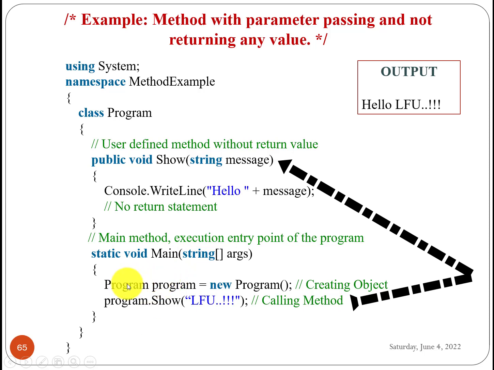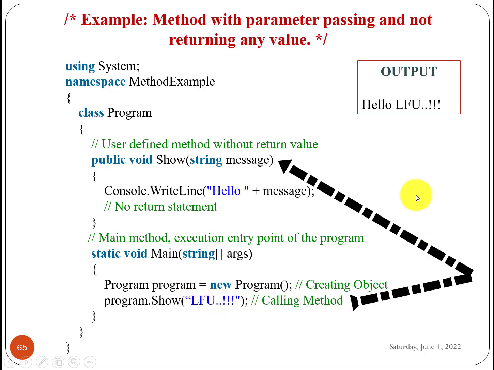Now inside the main body, we create an object, and this object will call the show method. To this show method we pass a string type value, as we can see in the definition of the show method. Now our control passes to the show method. Here we are passing a string type message argument, which receives the value from the calling part of the program.